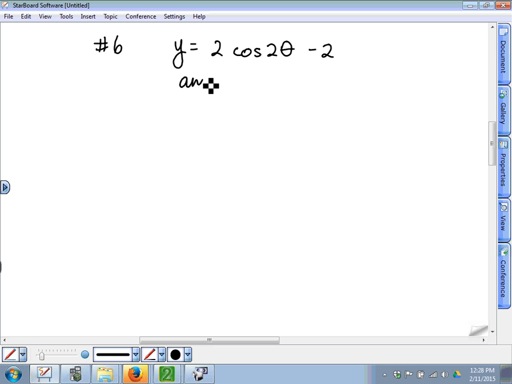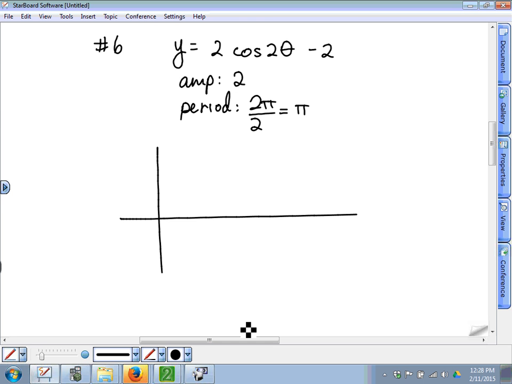All right, amplitude is 2. Period is 2 pi over 2, which is pi. All right, here we go. So we draw the graph, but we're not going to label the x-axis. We need to label the midline.